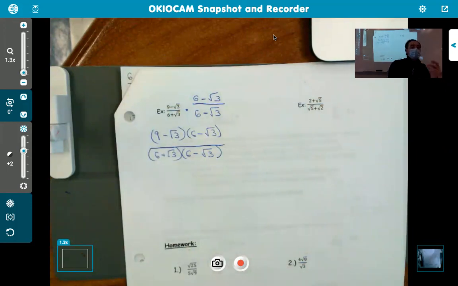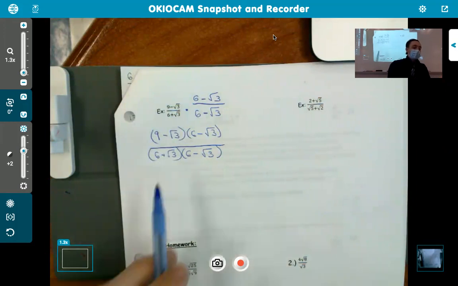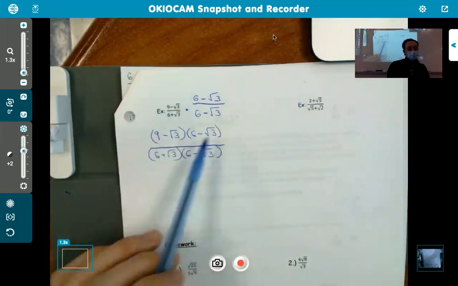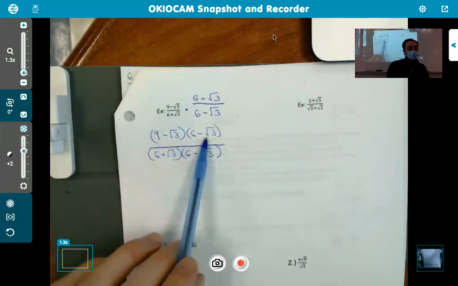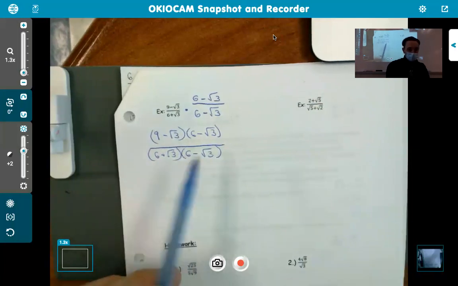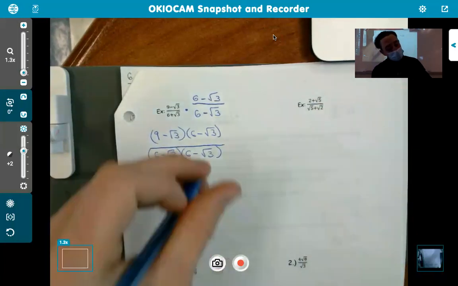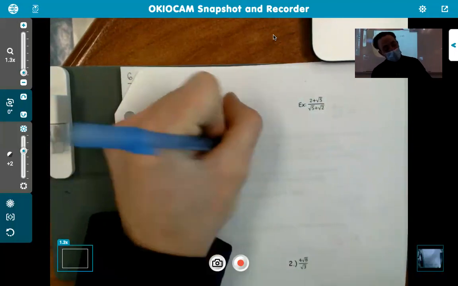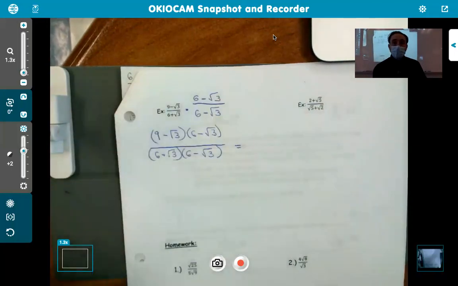And what do I have to do in my numerator and denominator now? What's that process? So distributing or FOILing, right? Distributing usually is just when it's one term, but notice that I have 2 terms in both of my expressions here. So I'll start by FOILing in my numerator, all right?